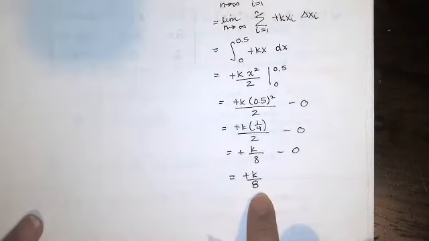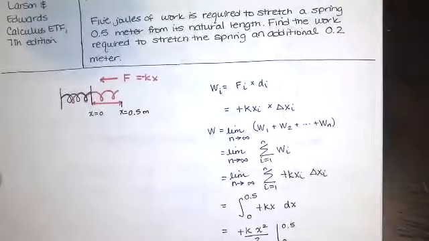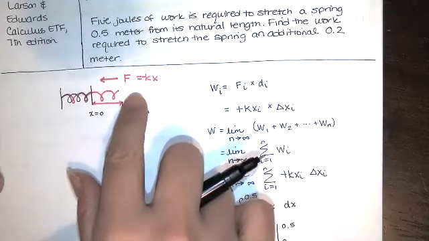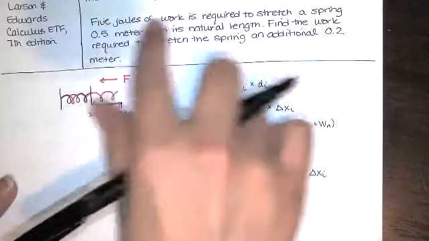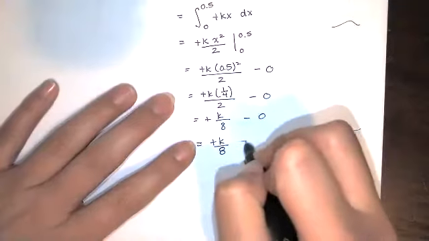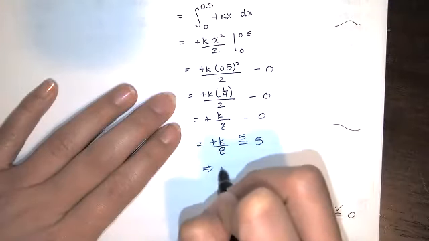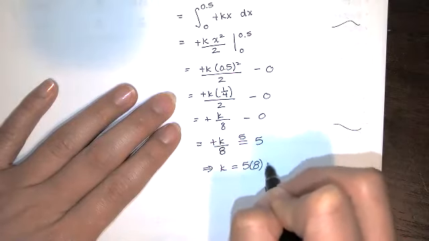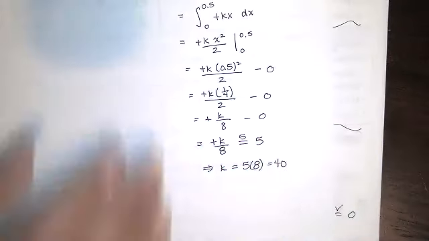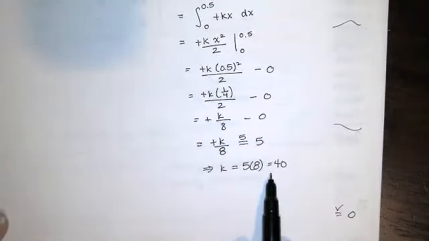That's the work done by this force. And so if I want to find the value of k, and I know that the work done is 5 joules, I can set this equal to 5, and then we'll multiply. So k will equal 5 times 8, which is 40. Okay, so that's our k.